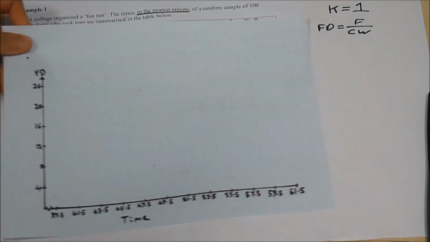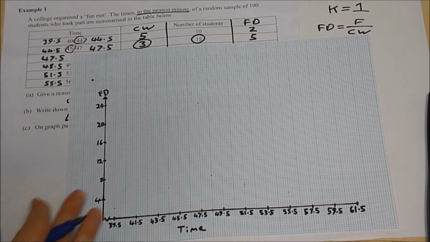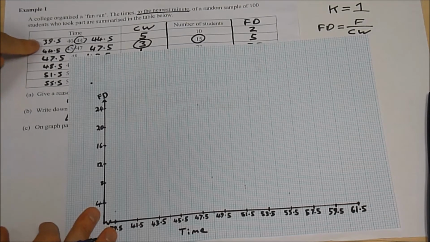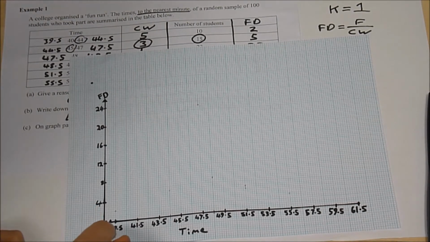Now, intelligent use of scale alert. Notice how I'm plotting from 39.5 to 44.5. On my axes at the bottom where I'm plotting time, I've done it so that each box of 5 little boxes represents 1 minute.